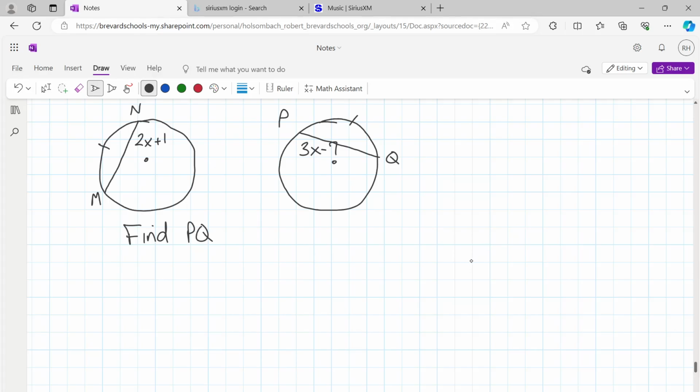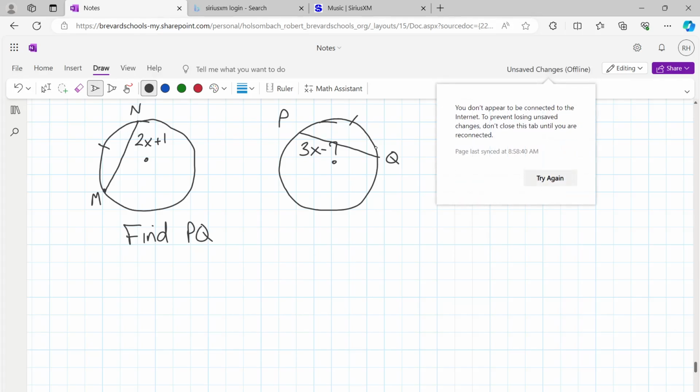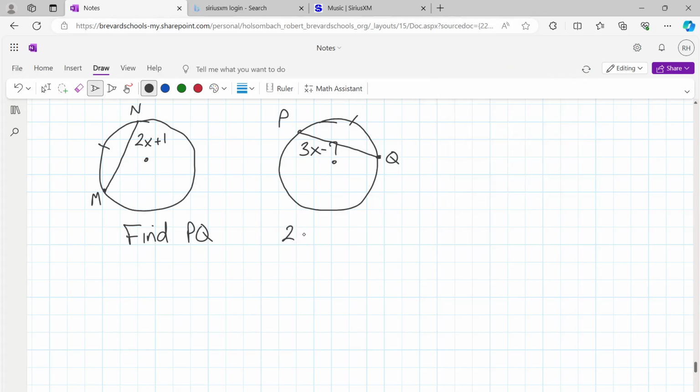So, since the two arcs are congruent, then their corresponding chords are congruent. So if that's the case, 2x plus 1 is equal to 3x minus 7.